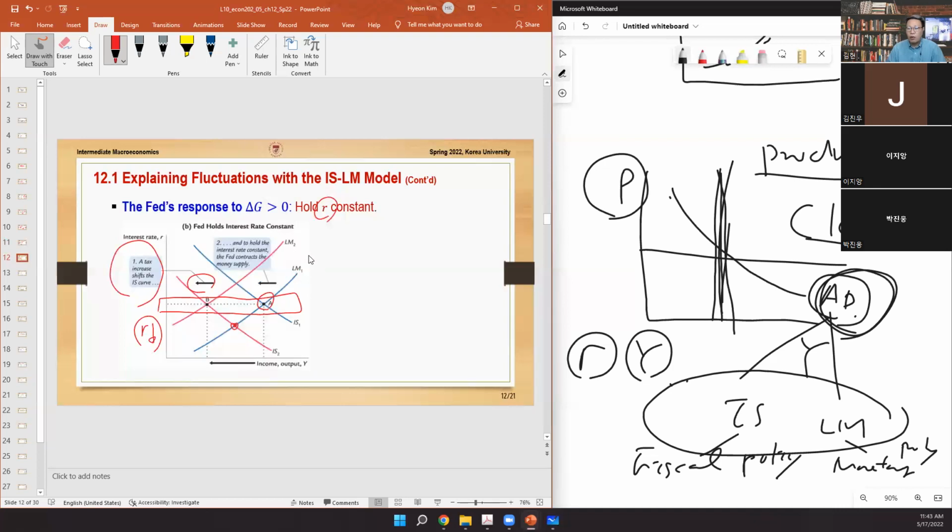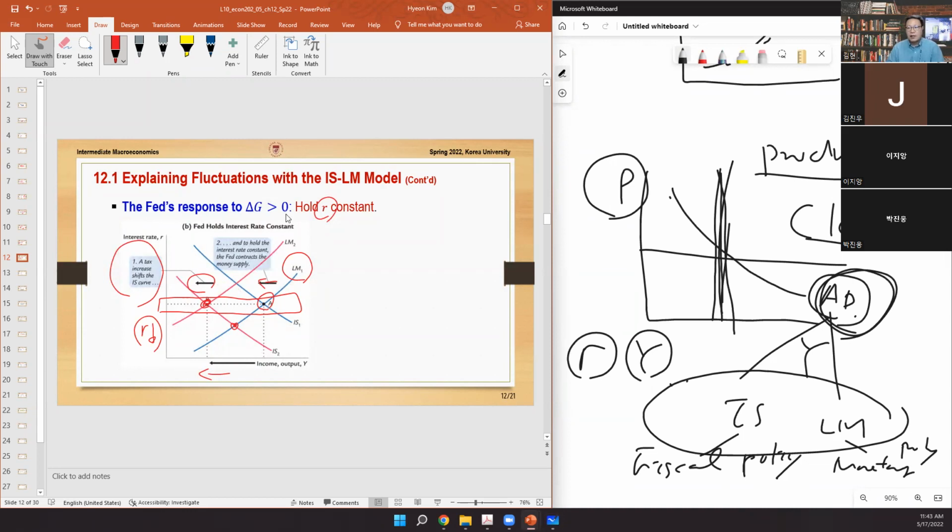That's why it requires an additional response from monetary authorities. They have to make the LM curve shift to the left to maintain this point B. That means we'll have an even lower output level.